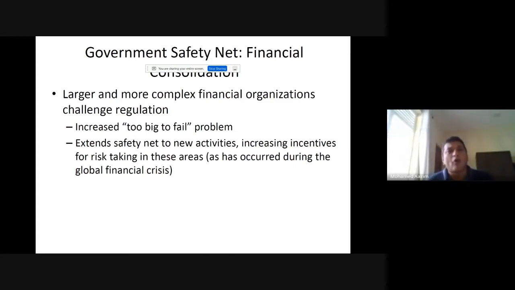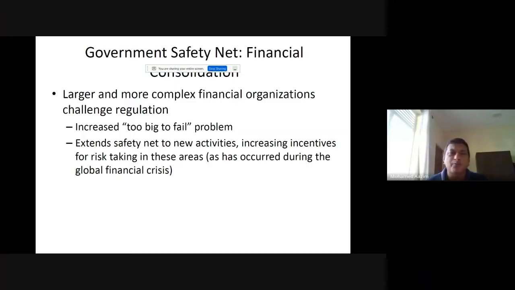So this being said, one form of government safety net which also contributed to this too big to fail type of financial intermediation is so-called financial consolidation. Even in Sri Lanka, some time back, you have seen an aggressive push for financial consolidation.